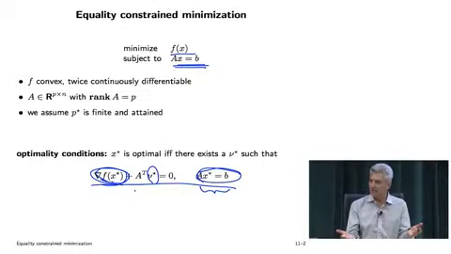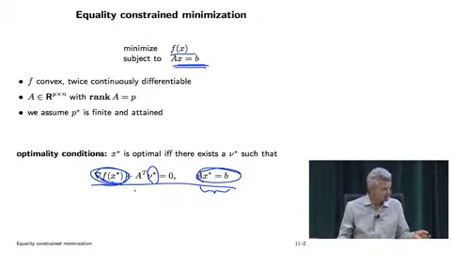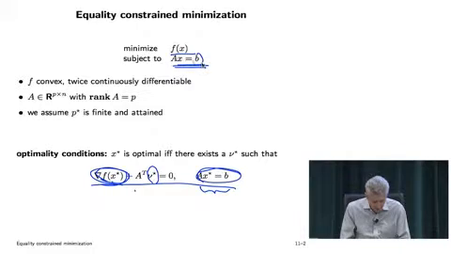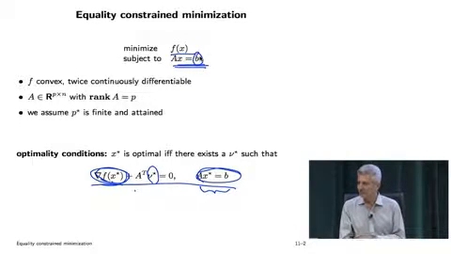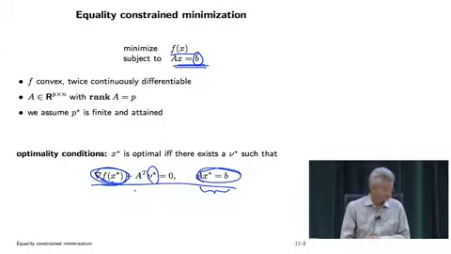So that would be the economic interpretation. Then in fact, nu is a vector of the optimal prices of each of those commodities. The interpretation of nu star is, what if you allowed me to change b a little bit? What would happen? Nu star tells you how the optimal value would change.